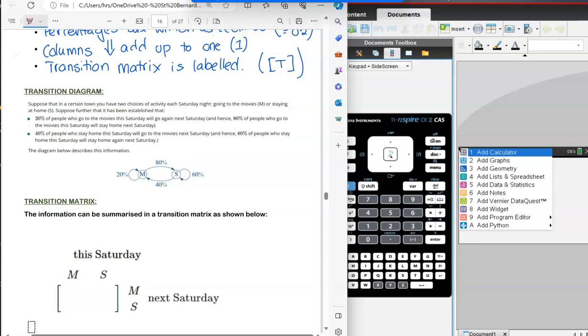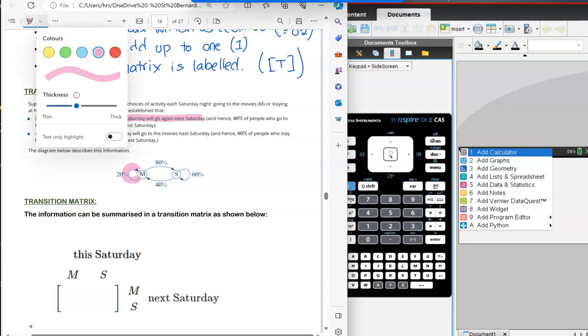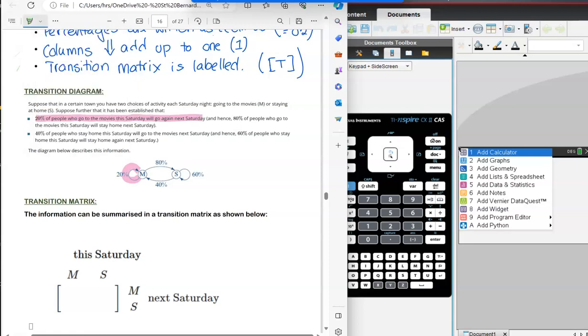So you can see we've got this diagram which shows that. It says 20% of those who go to the movies will go again next Saturday. Can you see where we've got movie to movie, the arrow is 20%. Then 80% of people who go to the movies this Saturday will stay home next Saturday.